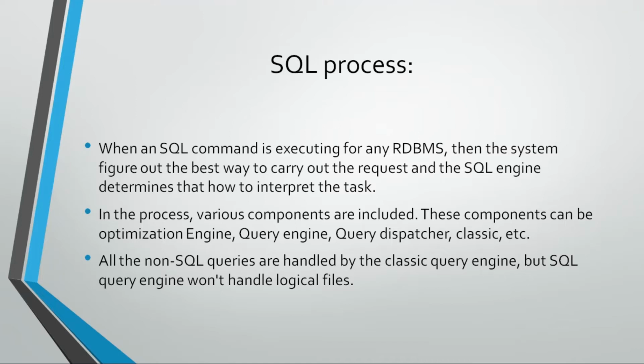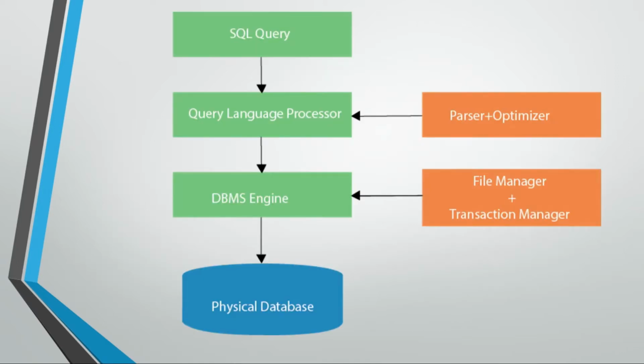Next is the working of SQL statements. We have already discussed the structure of a database system. It contains components like the SQL query manager and query language processor, DBMS engine, and the actual physical database. Then the SQL query is passed over to the query language processor.